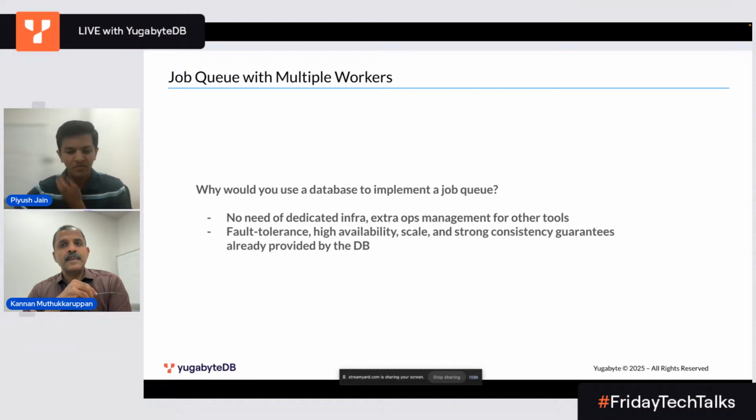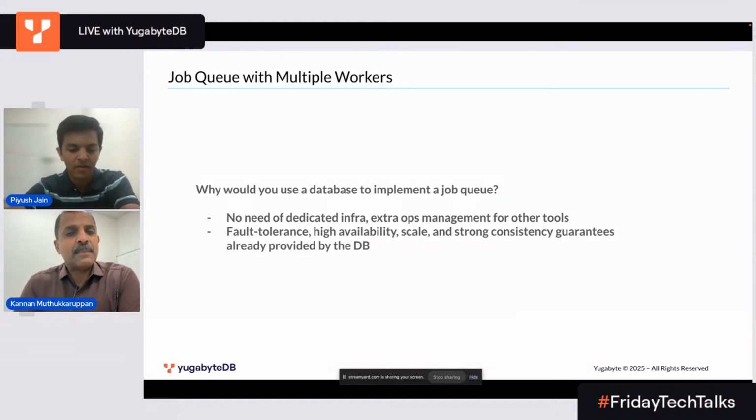In some sense, there might be some scenarios where queuing is your dominant use case, and maybe you need a message bus to connect different microservices, and there might be valid use cases where you need to invest in a dedicated message-oriented data infrastructure, something like Kafka.